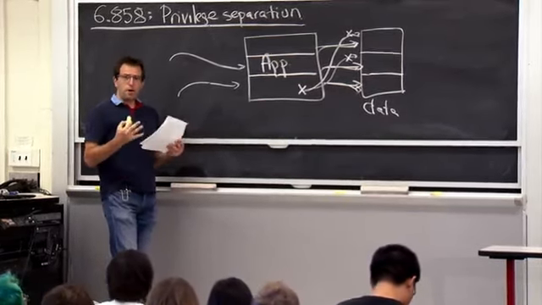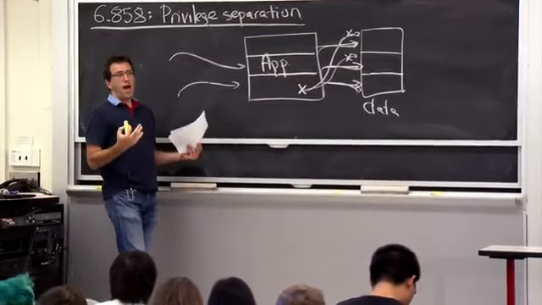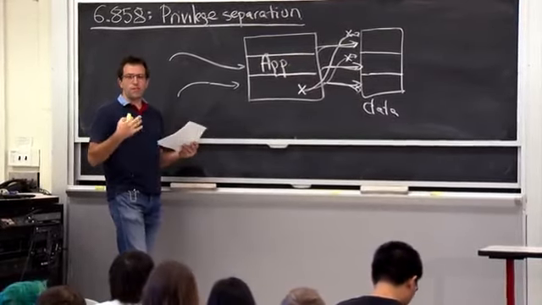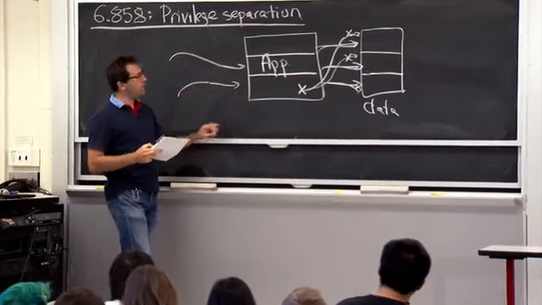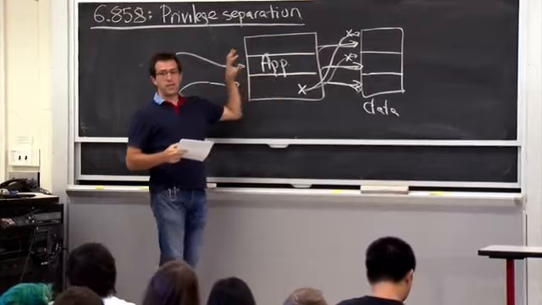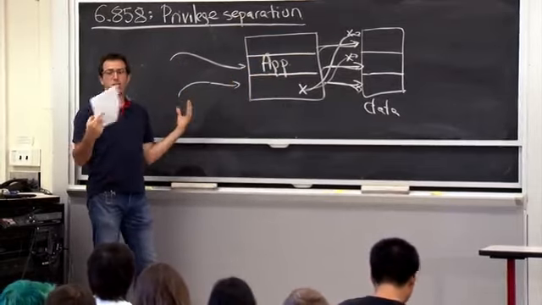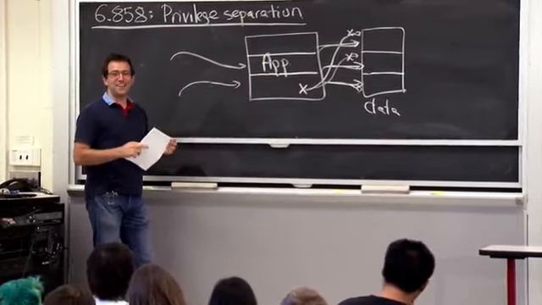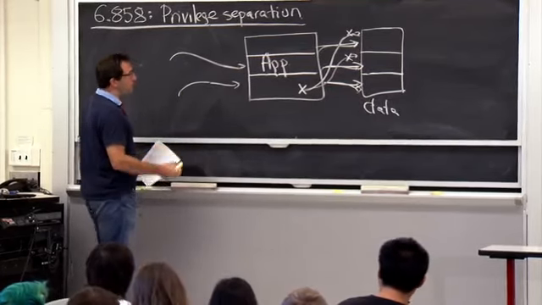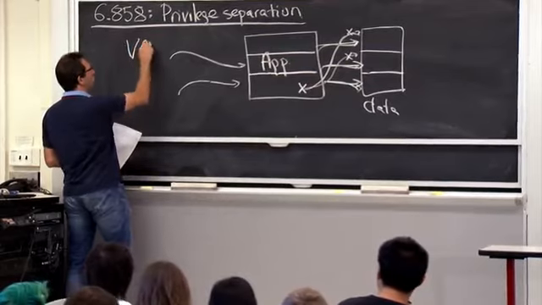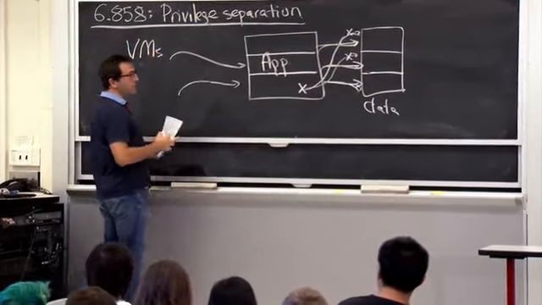And it's hugely powerful. It actually doesn't really rely on buffer overflows or other kinds of vulnerabilities being present. It's just a general architecture for making sure that vulnerabilities in one place affect your system as little as possible. So this turns out to be used pretty widely. Virtual machines often are used for enforcing isolation between components.